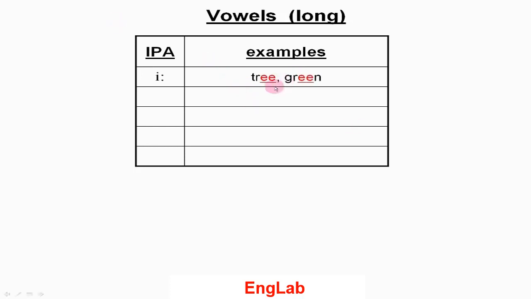So you see, we have two words: tree, green, okay, shoe, food, car, door, for, girl, prefer.